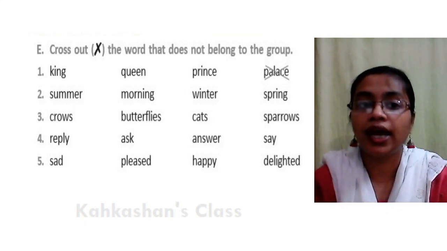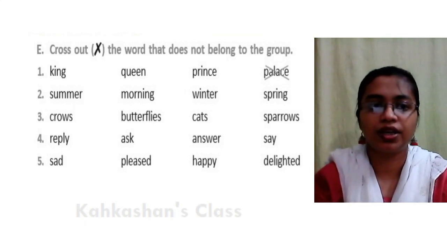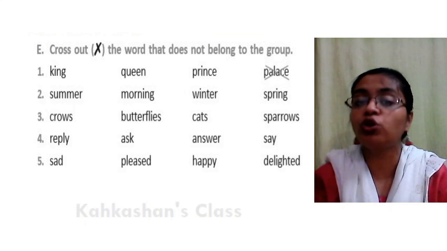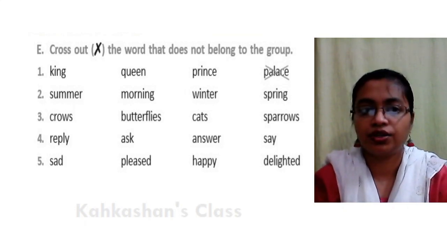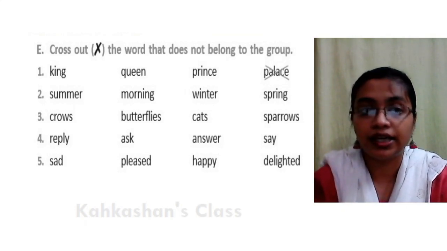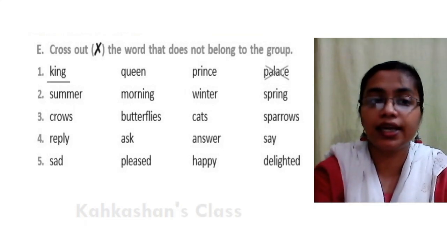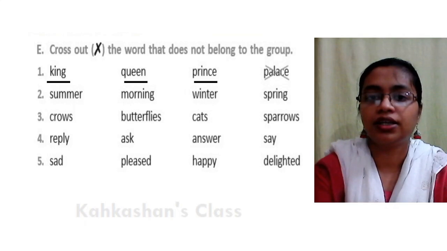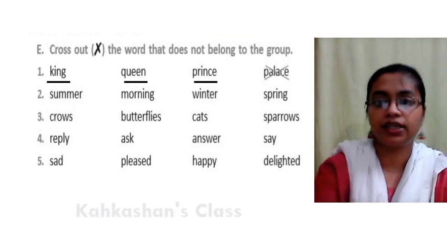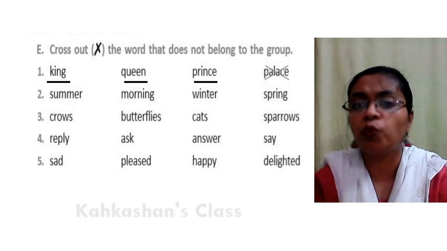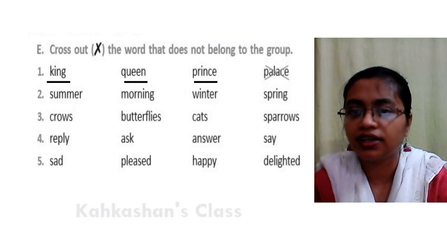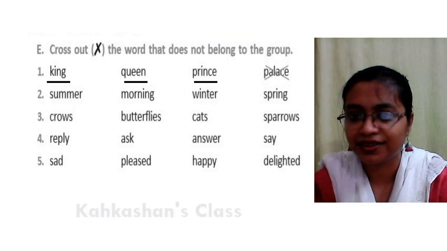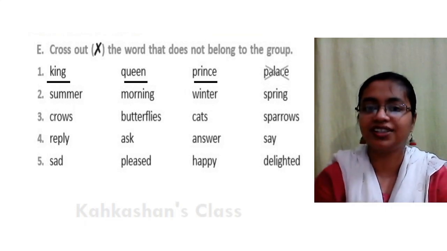The first one has been done for you. Cross out the word that does not belong to the group. So the first one is king, queen, prince. And the last one is palace. They cut off the palace. Why? I can hear somebody answer it. That's good.